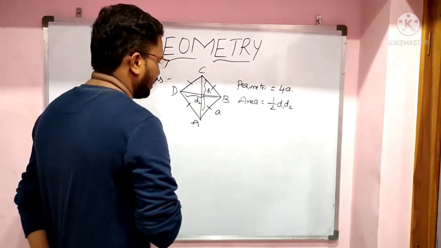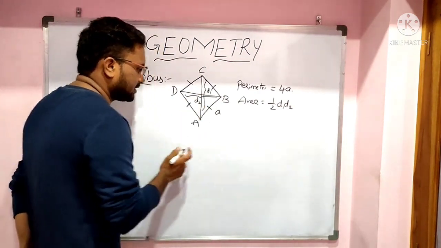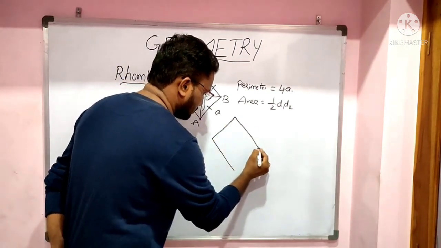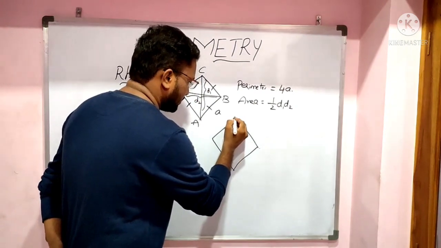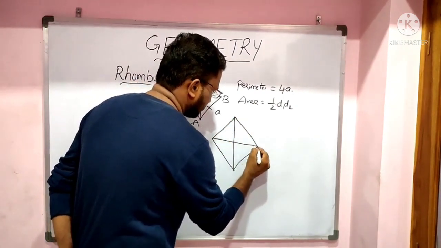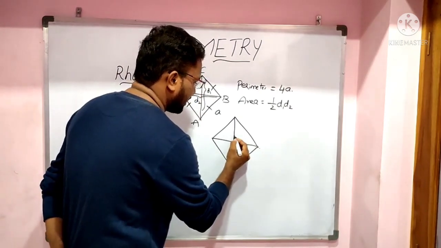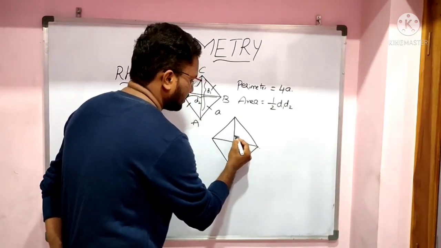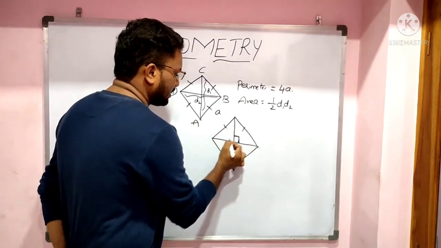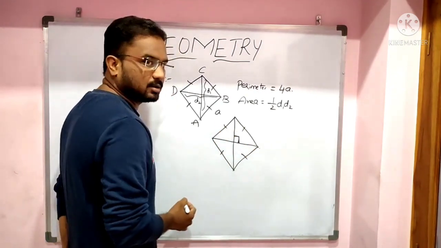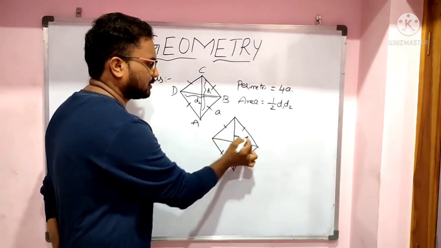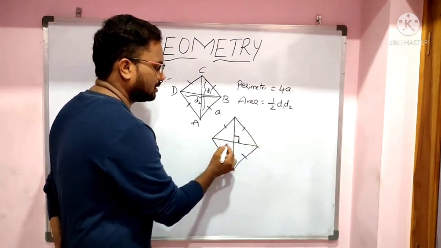And then in a rhombus, the diagonals bisect each other perpendicularly. Because all sides are equal, this is an isosceles triangle.